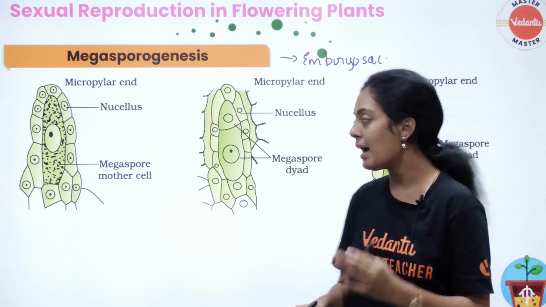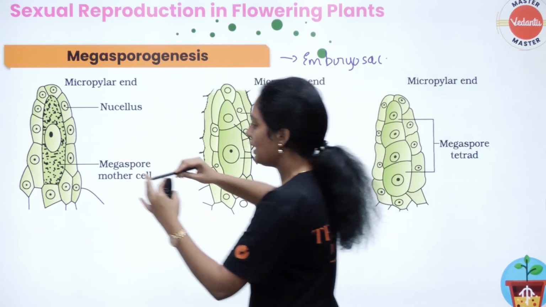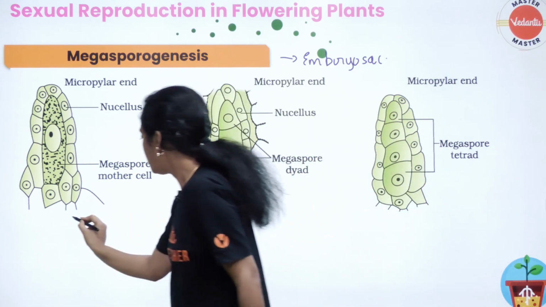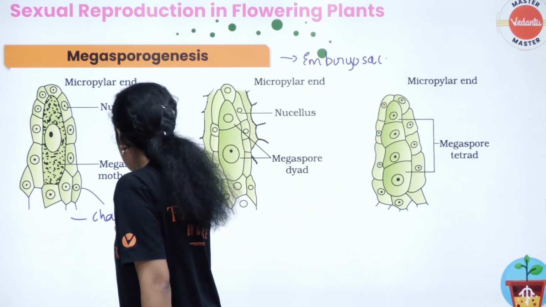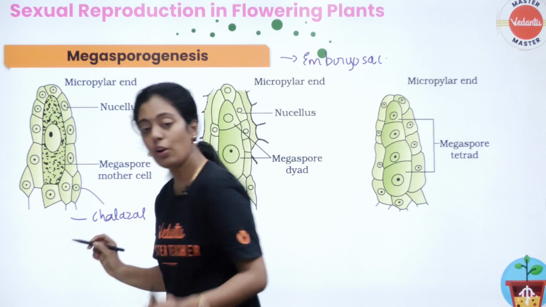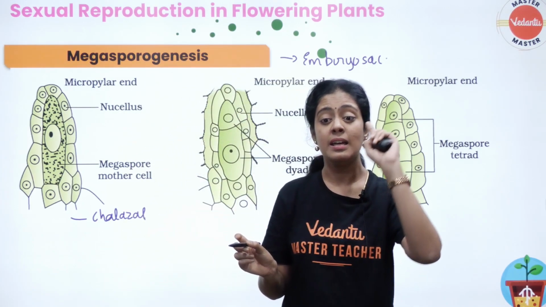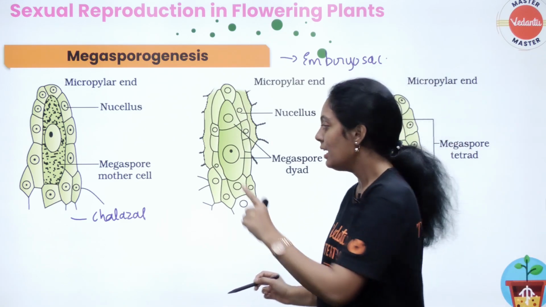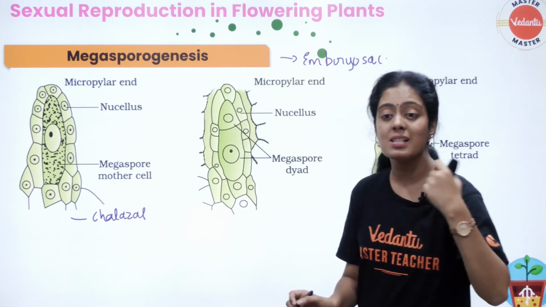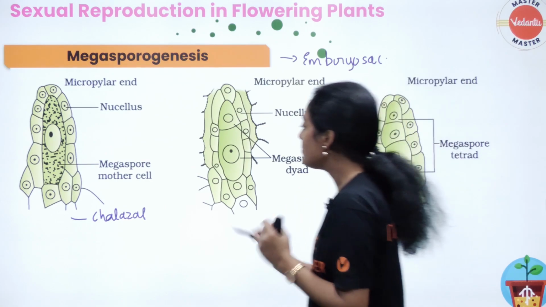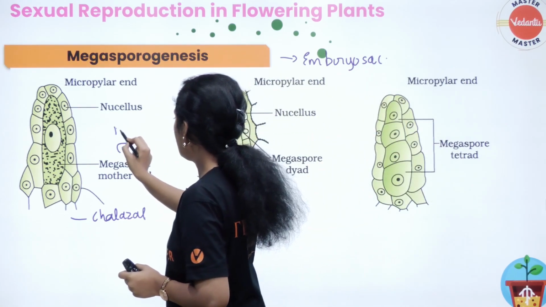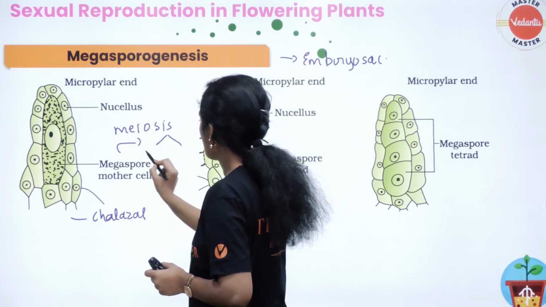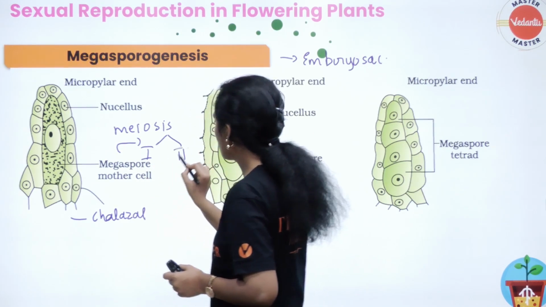இங்க பாருங்க, எனக்கு ரெண்டு end இருக்கு. ஒன்று என்னோட micropylar end, இன்னொன்று என்னோட chalazal end. கரெக்டா? இந்த end வந்து என்னோட chalazal end. என்னோட chalazal end-ல் ஒரு cell இருக்குது, the megaspore mother cell. இங்கே வந்து என்ன பசங்களா? The megaspore mother cell. This megaspore mother cell undergoes meiosis. Meiosis 1 நடக்கும், meiosis 2 நடக்கும்.